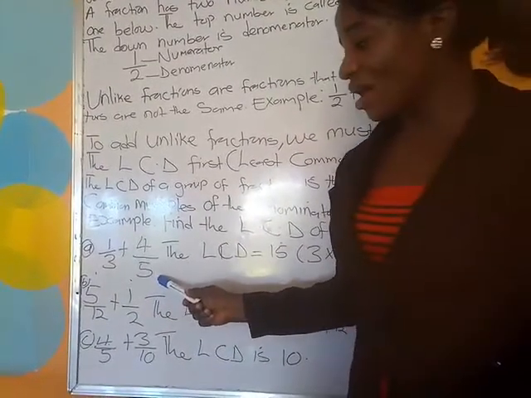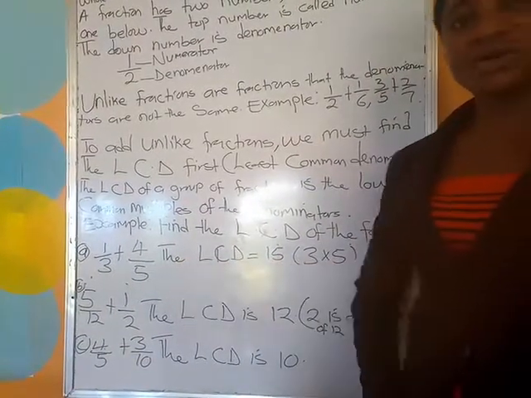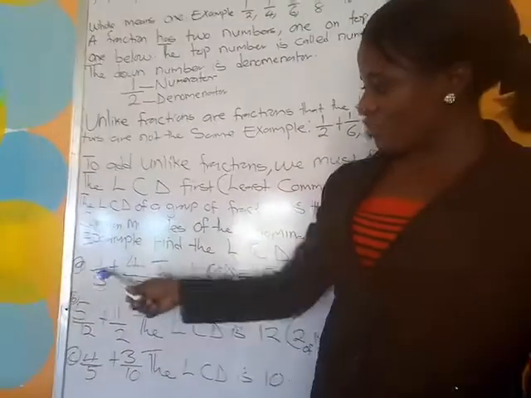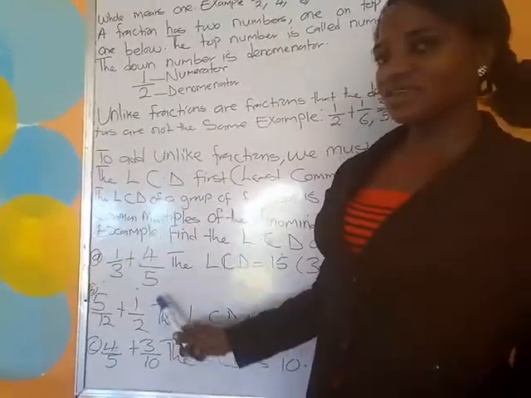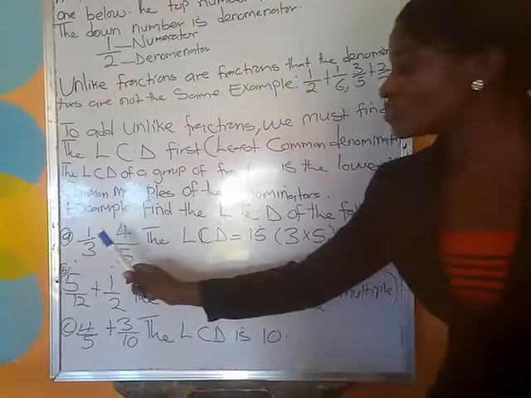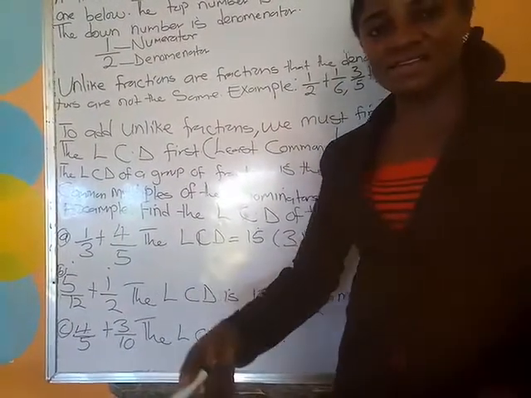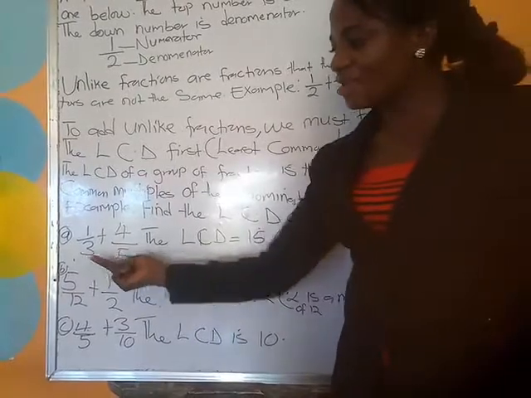Why? Because 3 cannot go into 5 without remainder. So if you are asked to find the LCD of 1/3 plus 4/5, you just multiply the denominators. So we can get the LCD by multiplying the denominators.